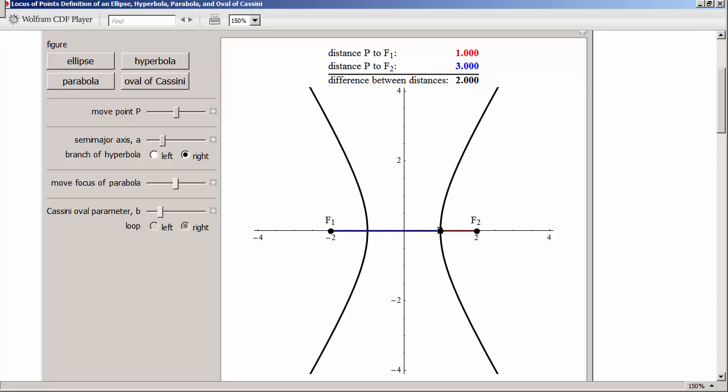As I move that point around, you can see that again the difference stays 2. Then of course we could switch over to the other branch, and you can see the same thing. As we plot out those points, the difference between the distances gives you those two branches of the hyperbola.